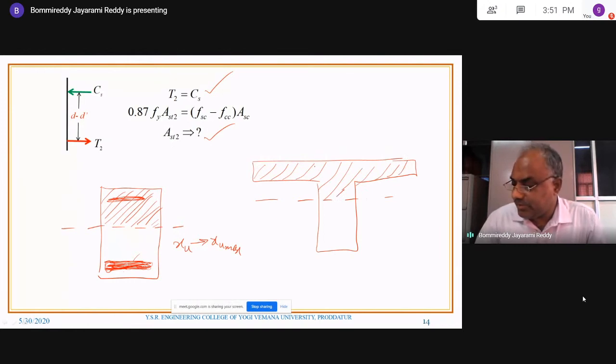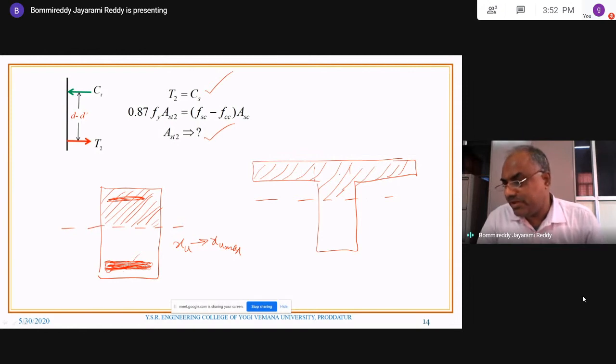Here you can look at it: not only this rectangular portion, the portion outside of the rectangle will also contribute to the compressive resistance. That means the area provided on the compression side of the beam is more, so more compressive resistance will be obtained because of providing the L beam or T beam or flanged beam.